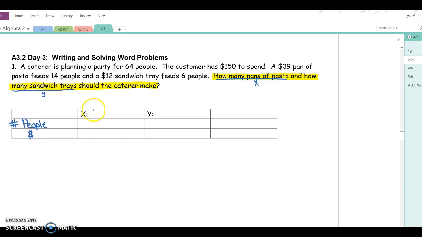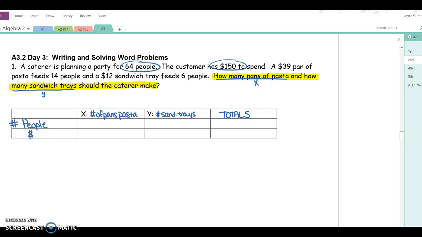Our X is the number of pans of pasta. Our Y is the number of sandwich trays. The other thing that I see in this problem, 64 people and a total of $150 to spend, those are both totals.